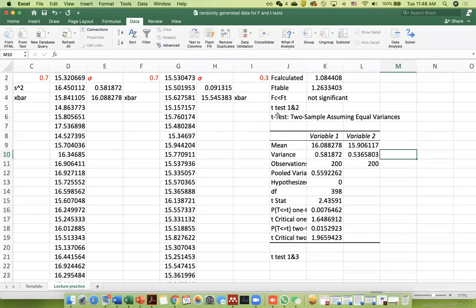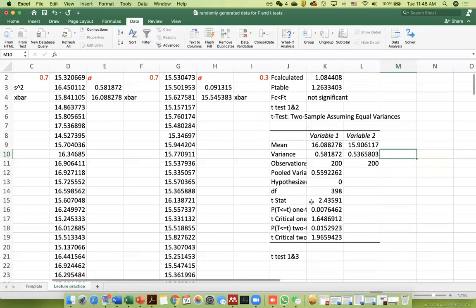All right. So when you do the t-test of two samples assuming equal variances, you can see that our t-statistic, which is also t-calculated, is 2.4 something. Well, the t-critical is 1.96, okay? T-critical is the theoretical number.